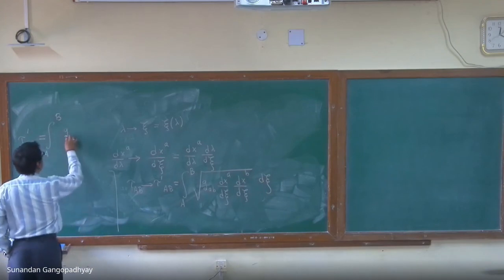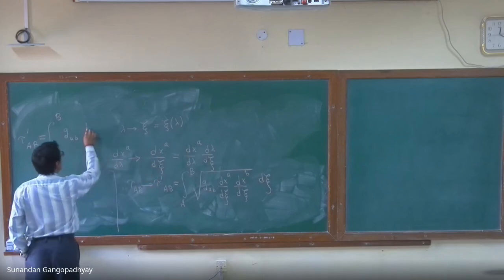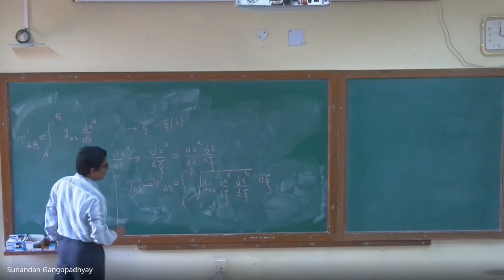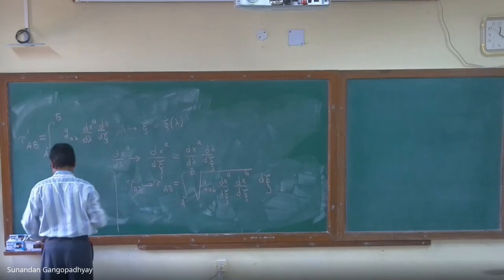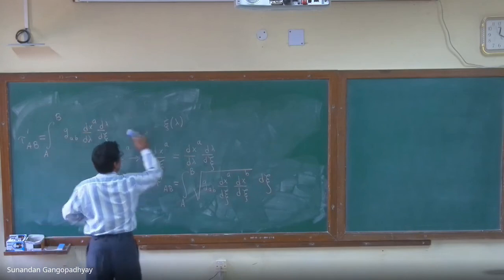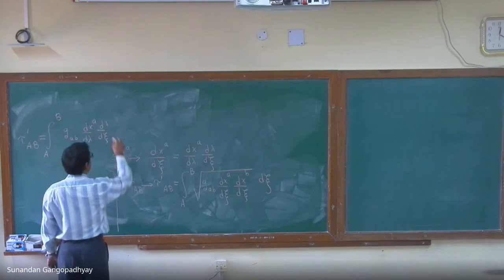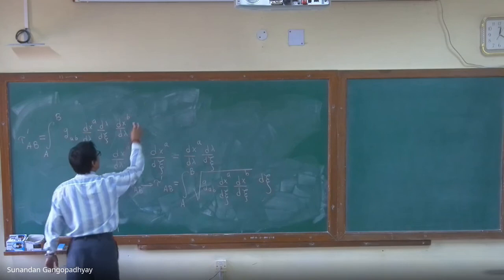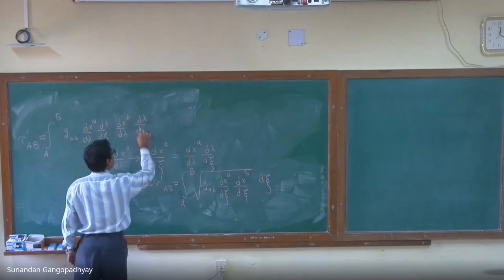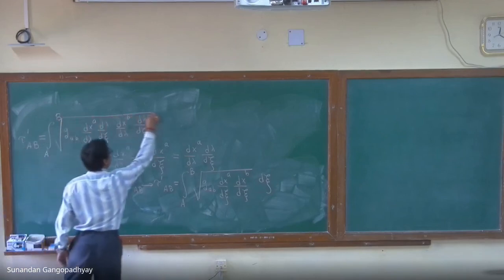So this will be GAB. dxa desired, d lambda desired, dxb d lambda desired, square root.